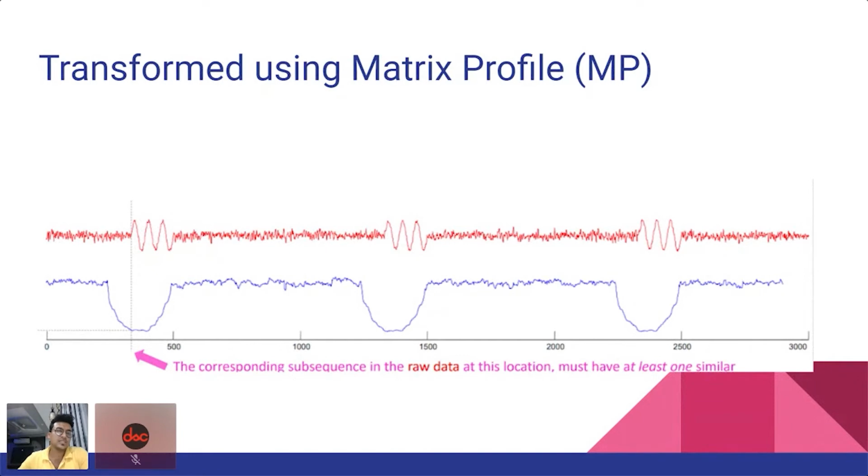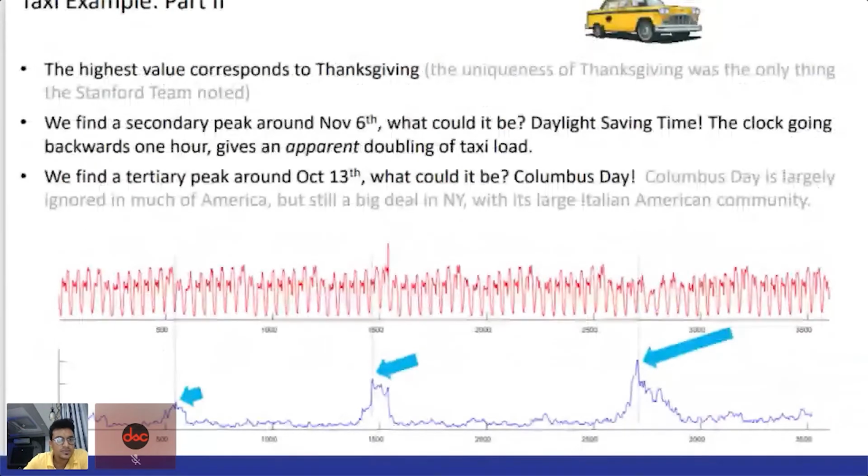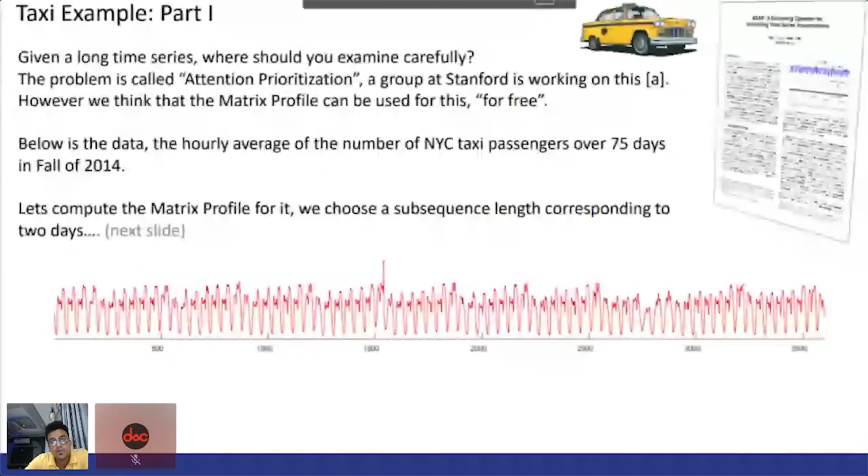Another application of this is this taxi example. If you notice this data set, this belongs to the hourly average number of NYC taxi passengers over 75 days. So the hourly average number of NYC taxi passengers over 75 days is the data set for that.